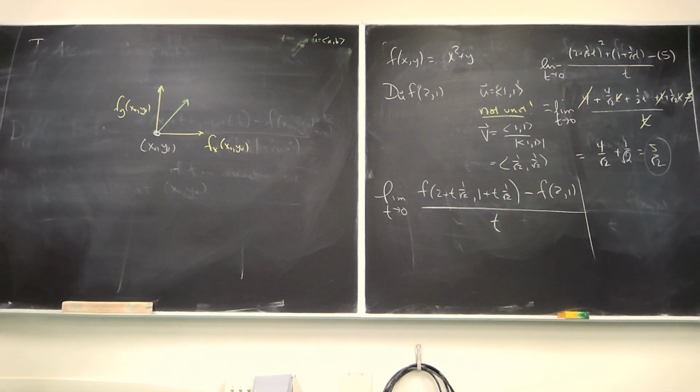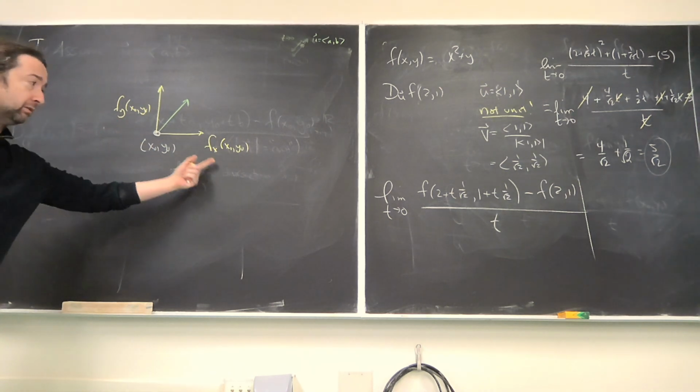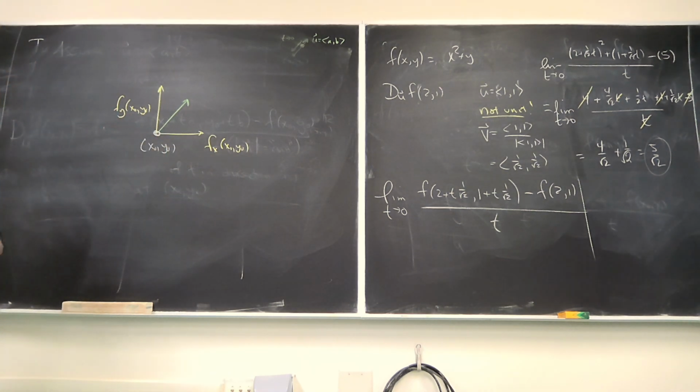That would be the ideal thing to be able to do, because fx and fy are really easy to compute, because we can just use our standard theory to do that.